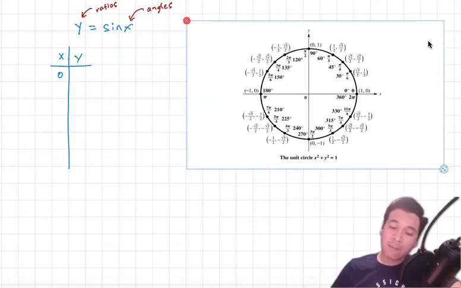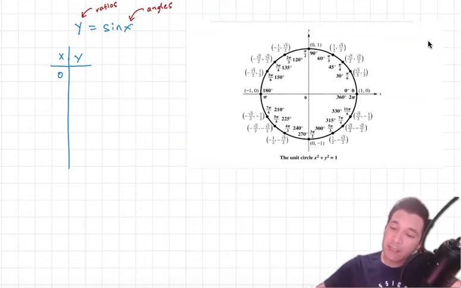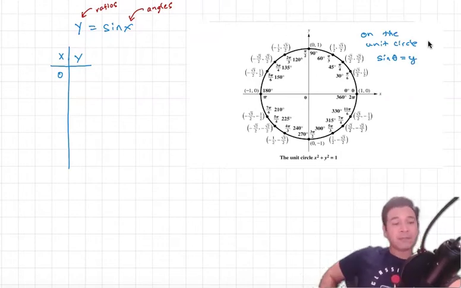functions. Now, remember that if you're using the unit circle and we're graphing sine, remember that sine on the unit circle, sine of some angle is equal to the y-coordinate on the unit circle.